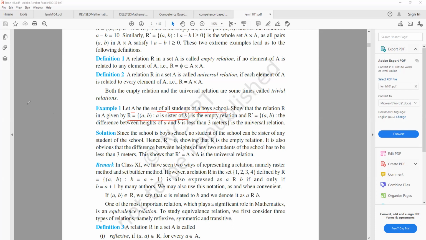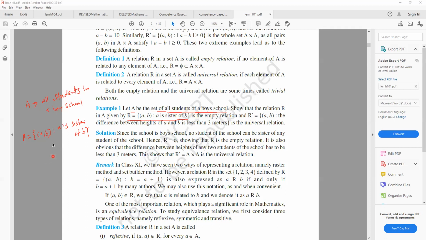Your set is all students in a boys school. Okay. And your relation is like this. सभी ordered pairs in such a way that A is sister of B.